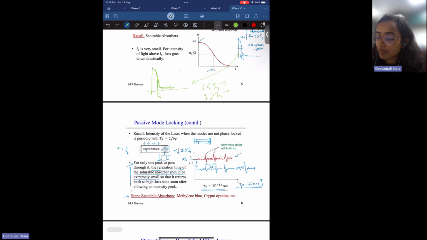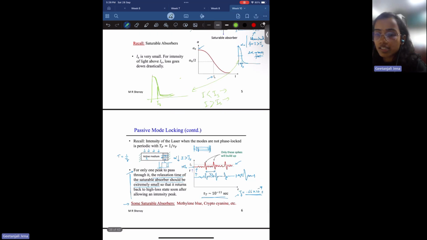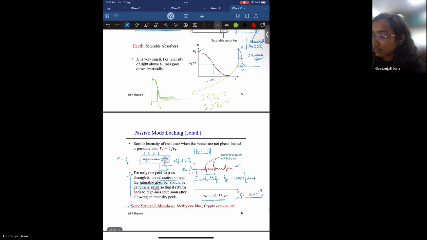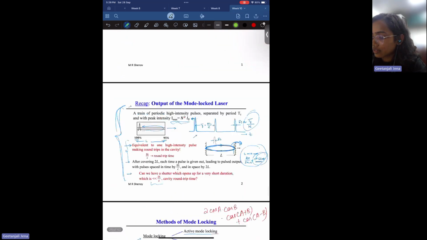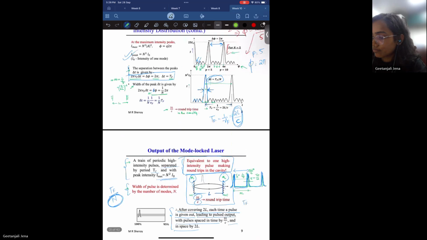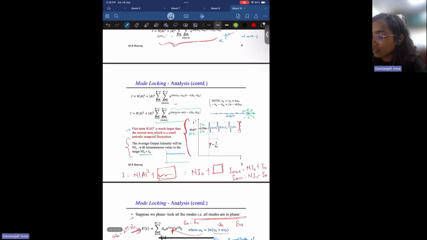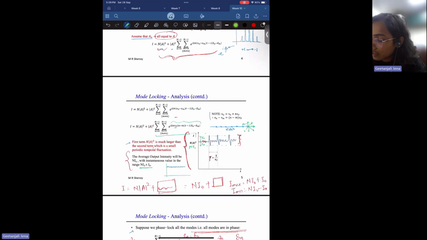So in passive mode locking, we are considering the case where the phase is not locked. If you recall, when the phase is not locked, you can see the intensity is like this, or you can see this figure.